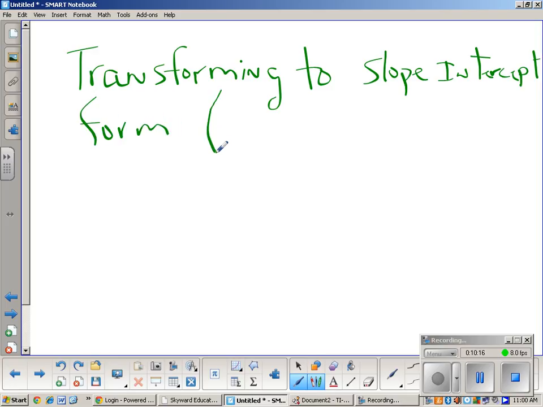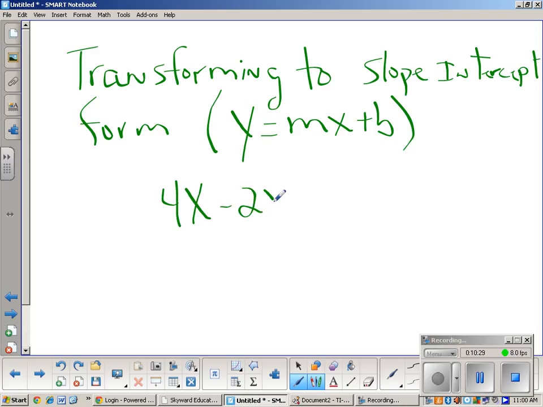Okay, so it has to be in the y equals mx plus b format. So the y has to be by itself. So let's start with 4x minus 2y equals 9. Now, when you're in slope-intercept form, it is a really quick and easy way to graph. The drawback is sometimes the numbers aren't really nice.